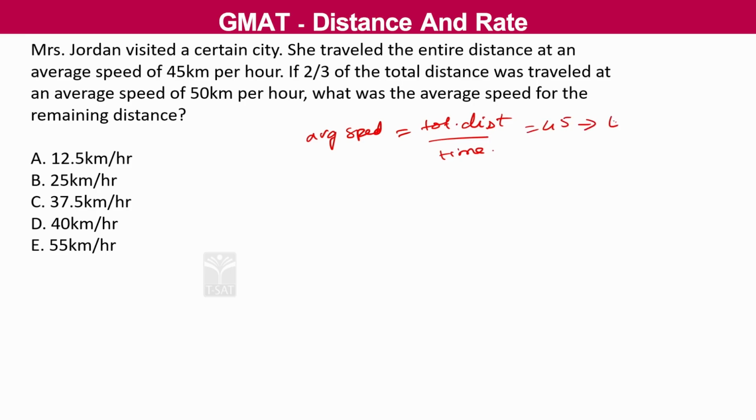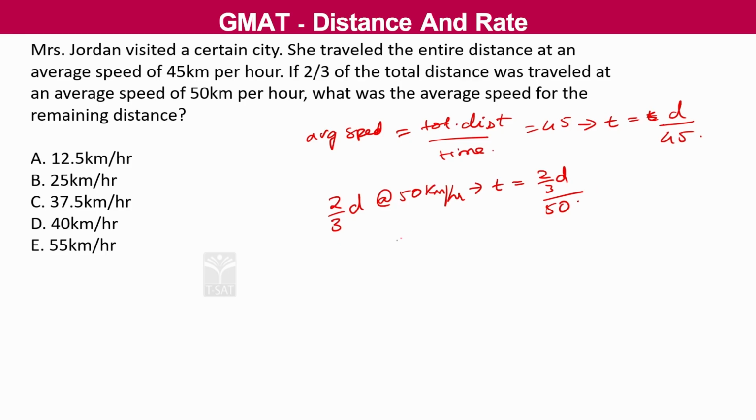So, the time taken for the journey is the total distance, let us say d, divided by 45. It is given that 2/3 of the total distance, that is 2/3 of d, was travelled at the speed of 50 kilometers per hour. So, the time taken here will be 2/3 of d divided by 50.